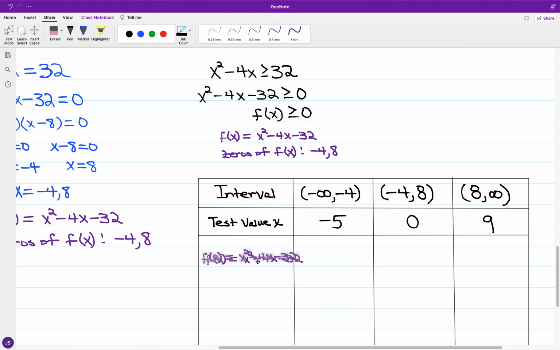So we have x squared minus 4x minus 32, and plugging in the values of -5, 0, and 9.